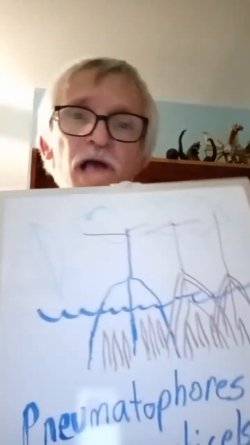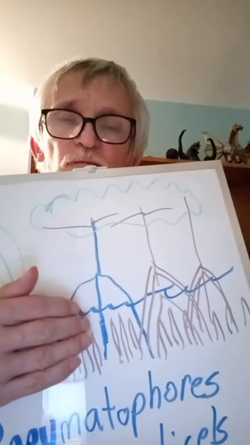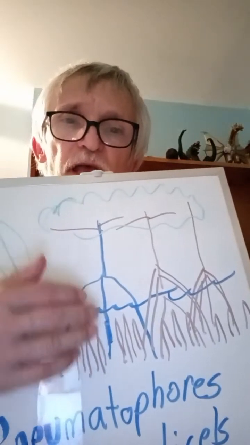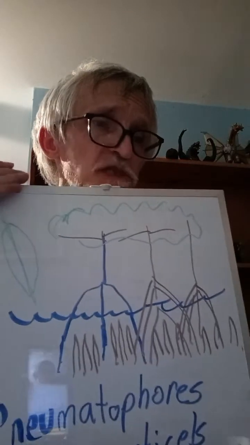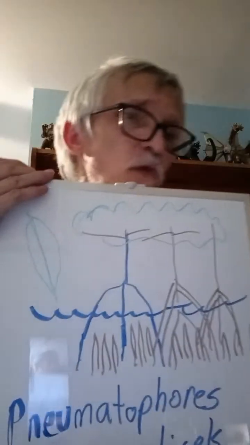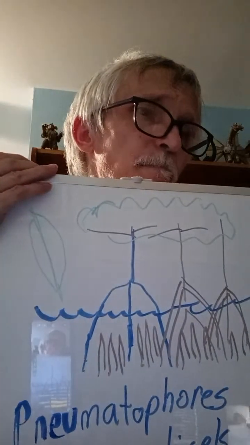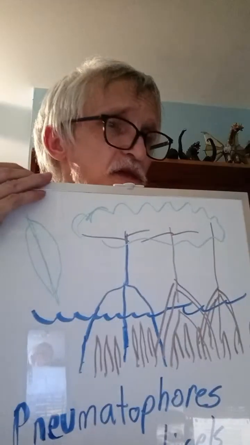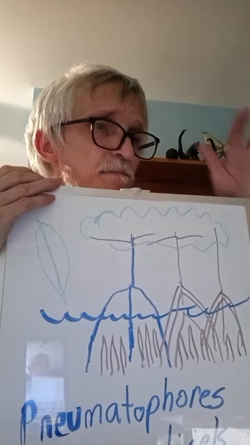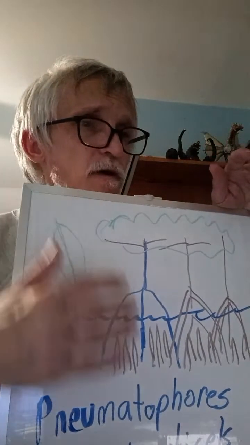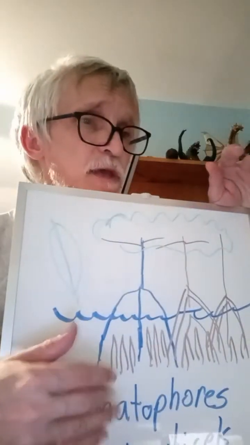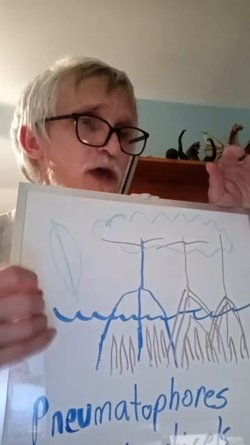And they allow oxygen to enter the system, and then the roots send that up to the rest of the plant. But what's cool is that some of these guys, the lenticels, by the way, have a substance that repels the water.